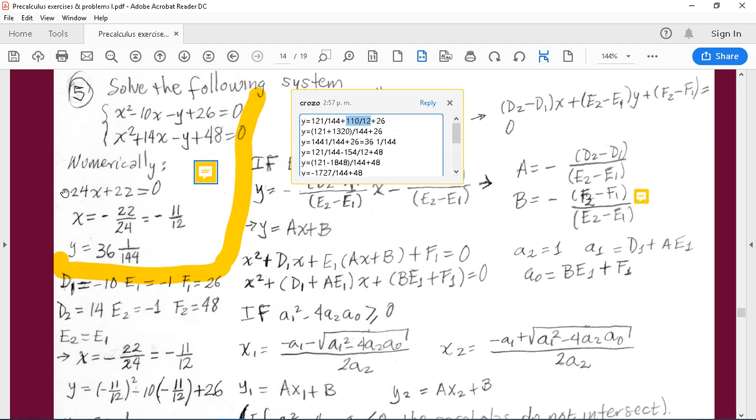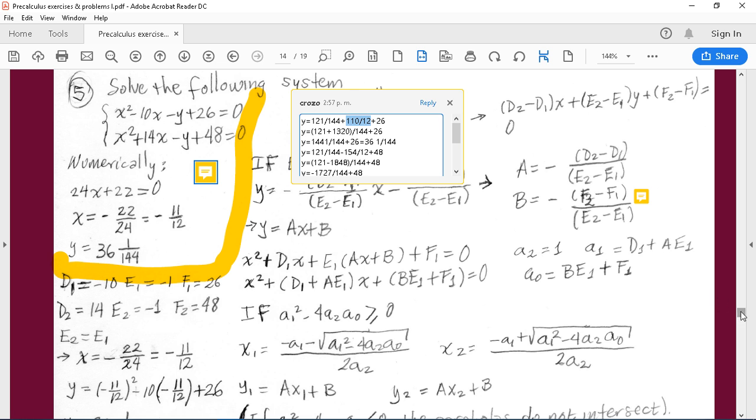That is the solution for y. That means y equals 36 and 1/144.